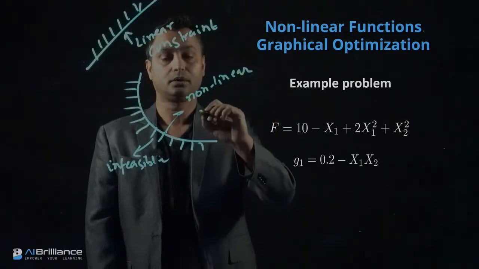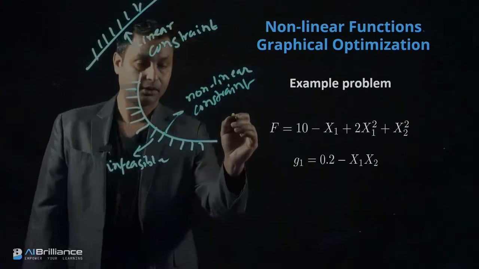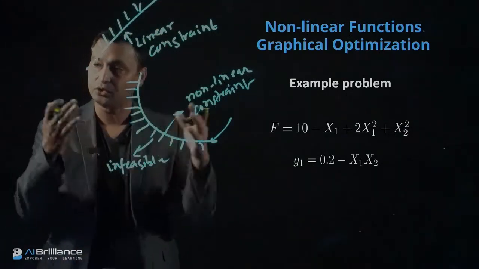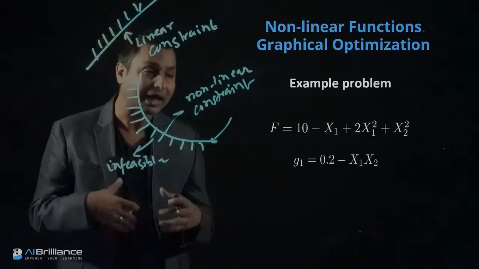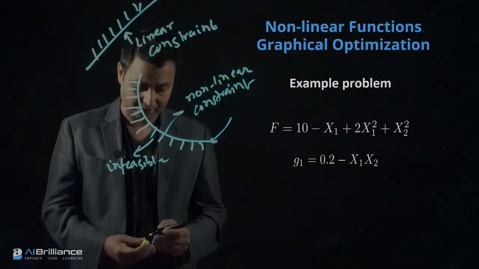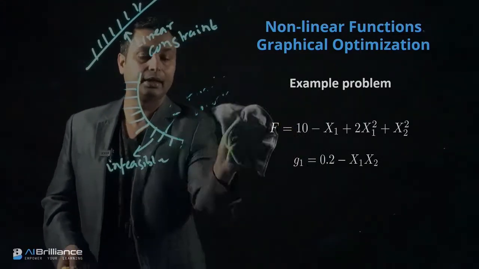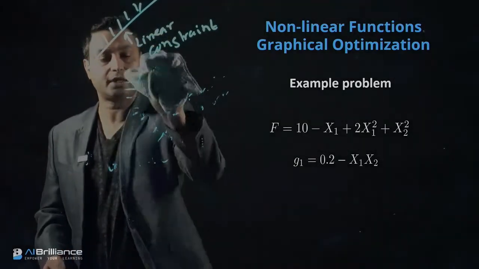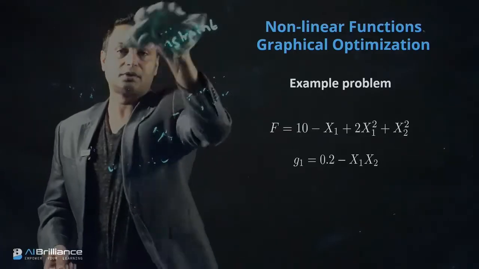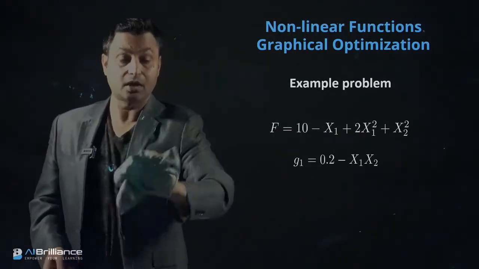It might not be a straight line, but a curvilinear curve that replaces the straight line plot, and that is going to be a major change when you are graphing out the nonlinear functions. But the steps are going to be essentially the same as the linear graphical problem that we have seen before. So let's see how we can solve this class of problem.